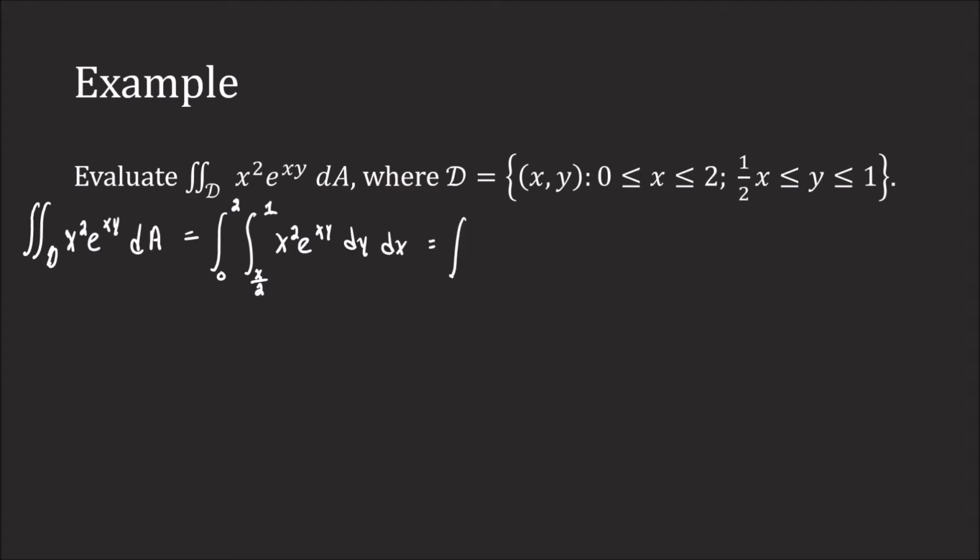So this will become the integral from 0 to 2 of x squared times 1 over x e to the xy, evaluated from y equals x over 2 to 1.